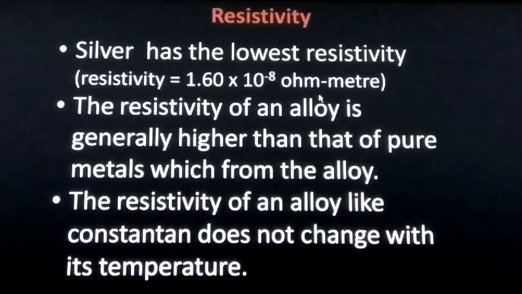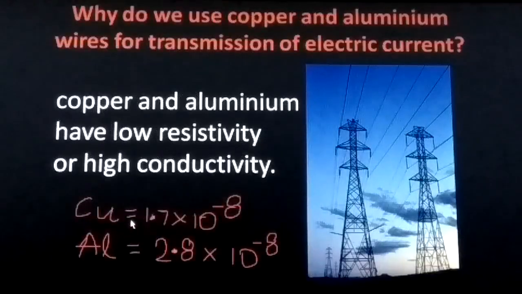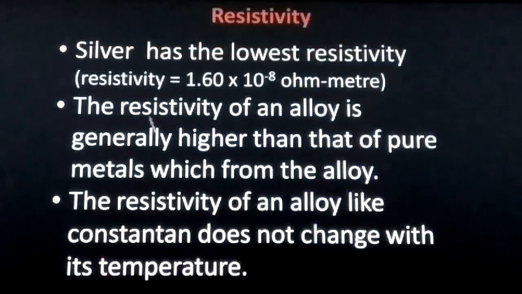So observe, the resistivity of copper is 1.7 into 10 to the power of minus 8 ohm meter, that of aluminium is 2.8 into 10 to the power of minus 8, and that of silver is 1.6 into 10 to the power of minus 8 ohm meter.